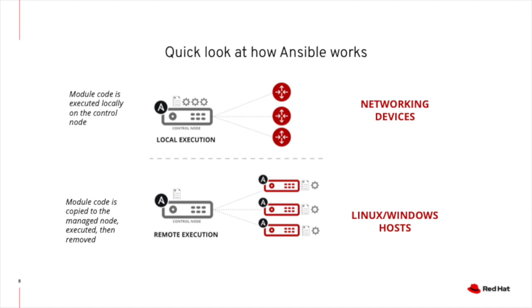For network devices, as we all know, right, we're dealing mostly with closed systems, we're dealing with proprietary systems, we're not able to push these modules to these devices and execute them locally there. So Ansible is forced to execute those jobs locally. Right? So Ansible establishes a connection to itself, runs the modules locally, and then while those modules execute, commands are generated which are then pushed to the devices.